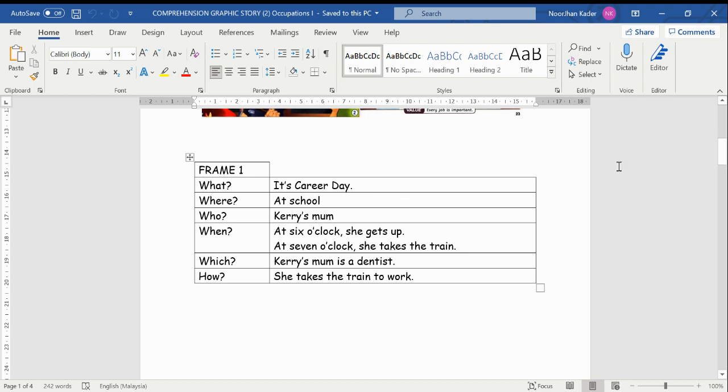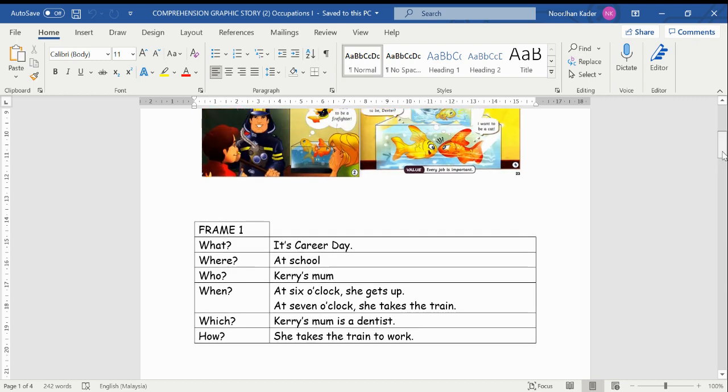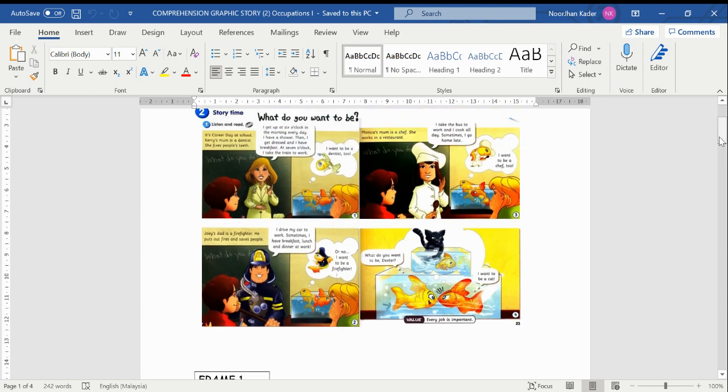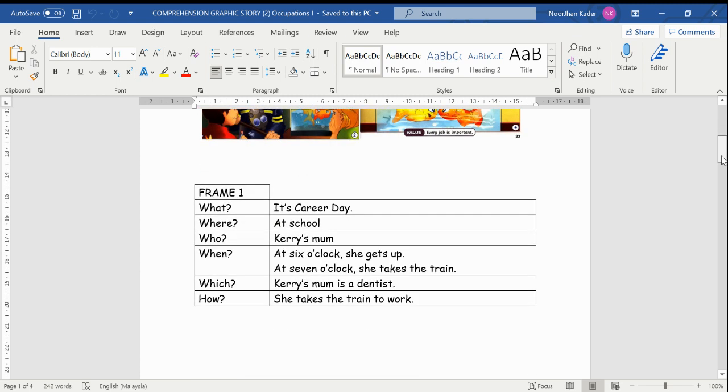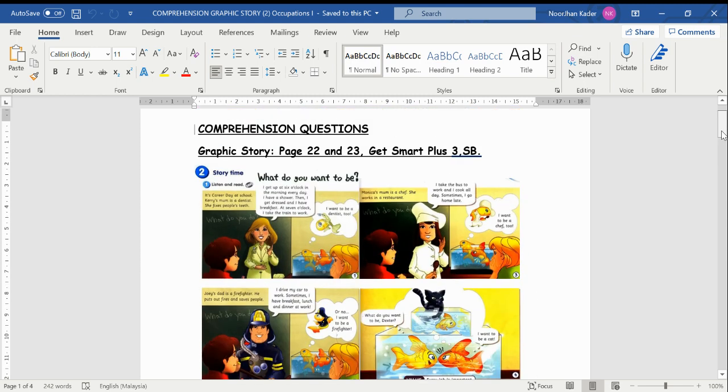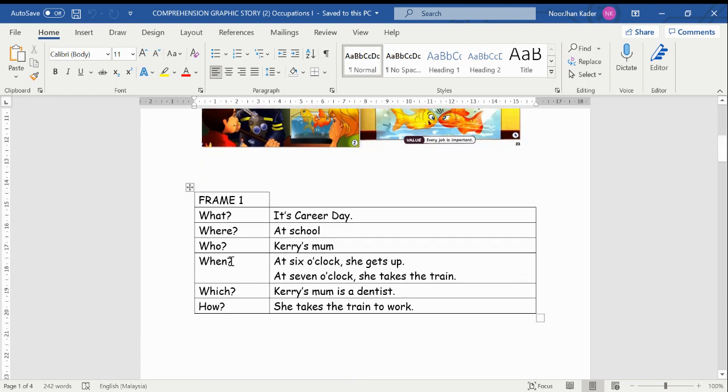Where is it happening? At school. Who is giving the speech here? Carrie's mom. And when? This depends on the speech that she is giving. From her speech, we know that at 6 o'clock she gets up and at 7 o'clock she takes the train.